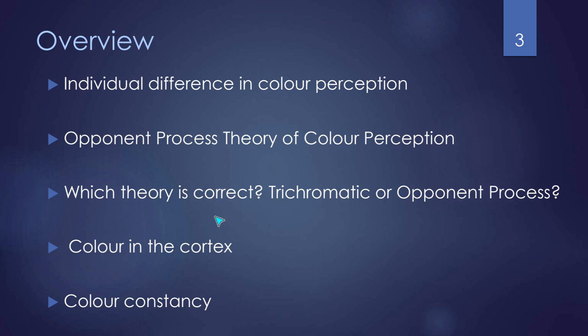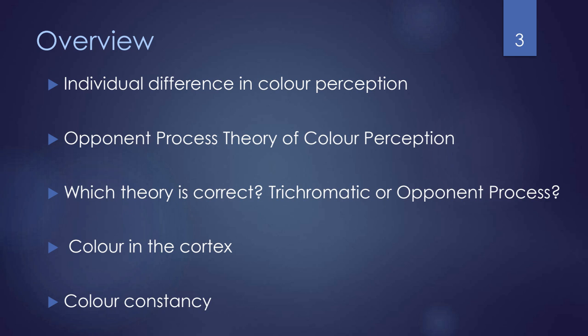And then next in this lesson, we're going to look at some cases of individual differences in color perception, particularly types of color blindness or color deficiencies that help us understand why it's important to have three different types of cones for proper color perception.